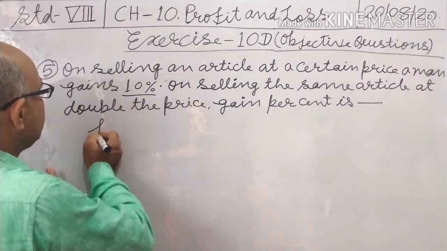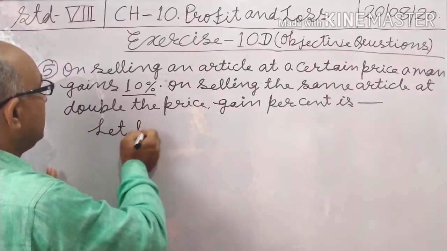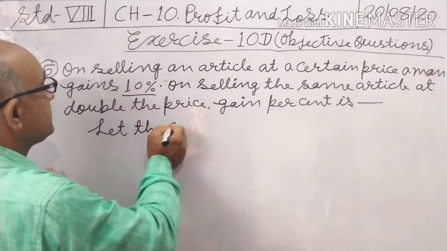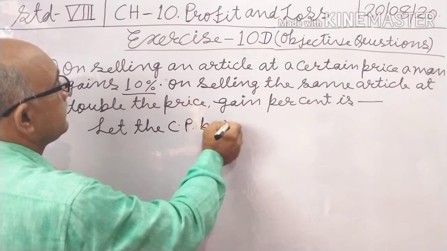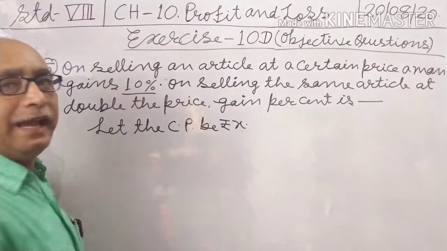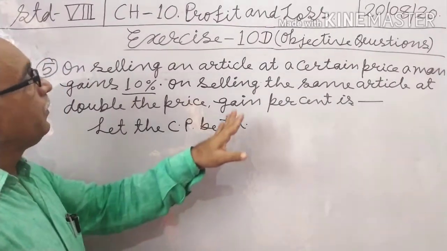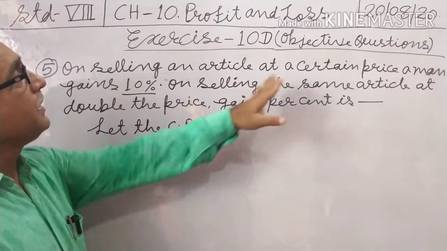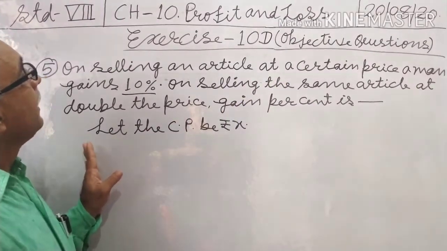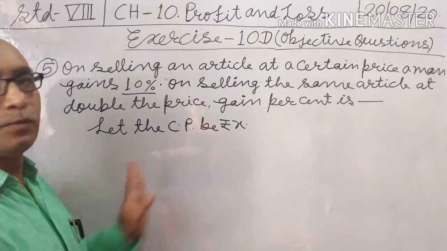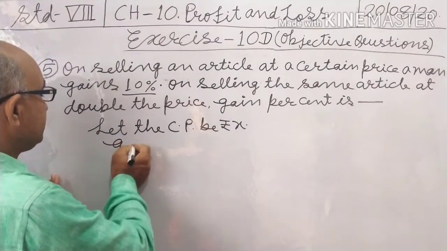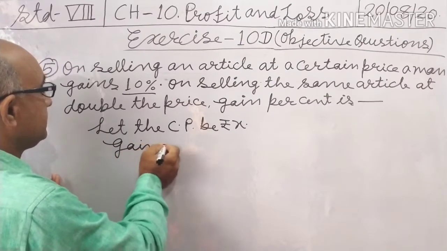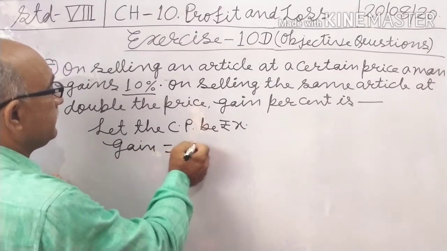So let the CP of a certain article be rupees x. Gain 10%.